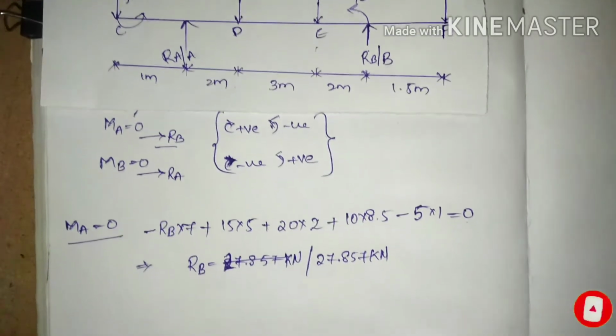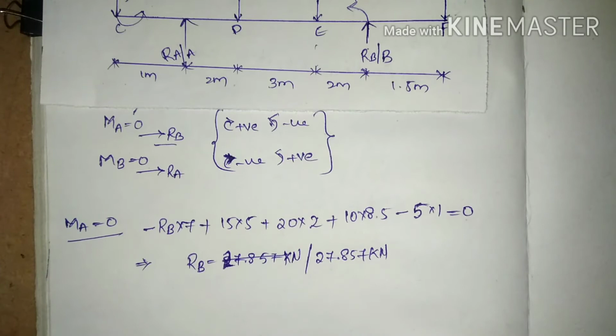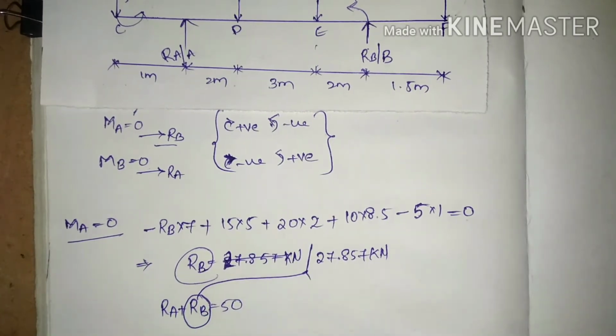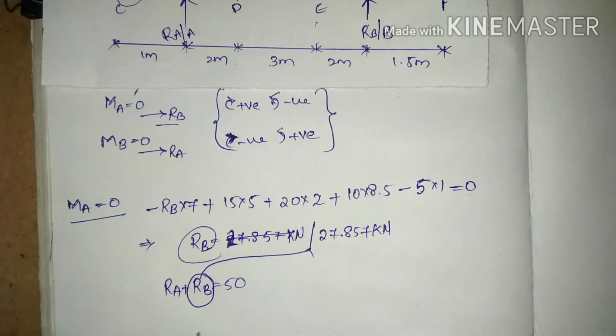Here we are getting 27.857 kilonewtons, and substituting the value of RB in equation 1, that is RA plus RB is equal to 50 kilonewtons, in place of RB I am going to substitute 27.857.